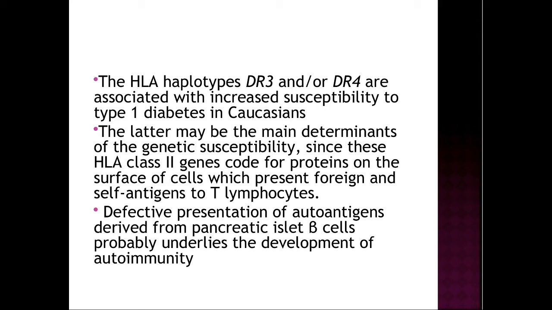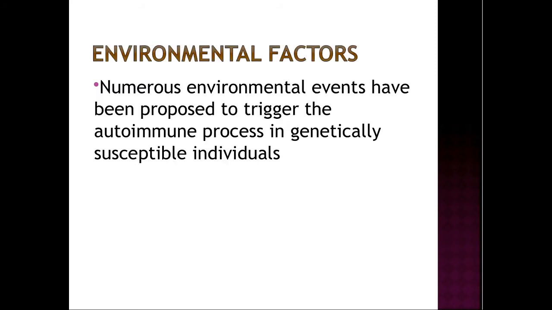The latter may be the main determinants of the genetic susceptibility, since these human leukocyte antigen class 2 genes code for proteins on the surface of cells, which present foreign and self-antigens to T lymphocytes. Defective presentation of autoantigens derived from the pancreatic islet beta cells probably underlies the development of autoimmunity.